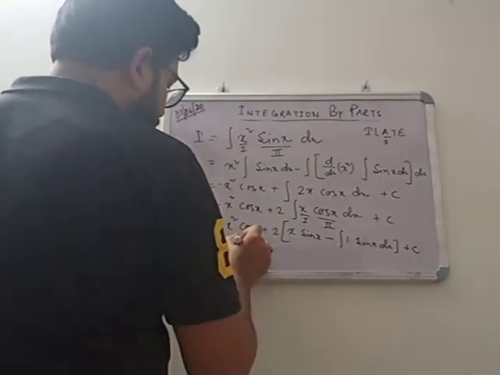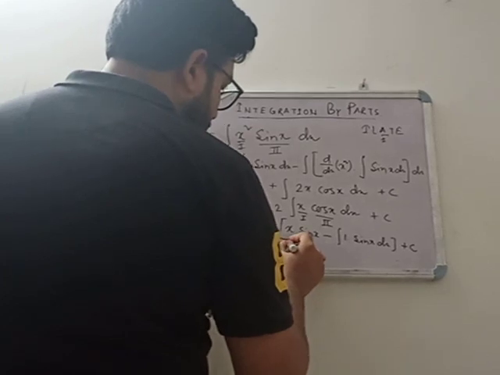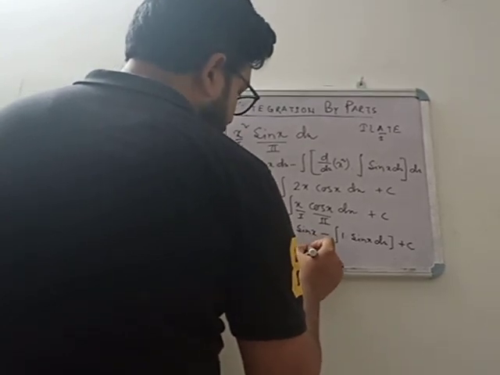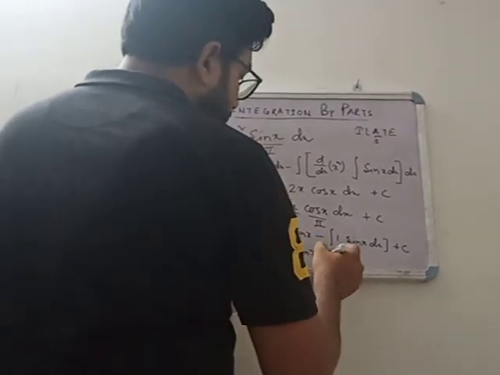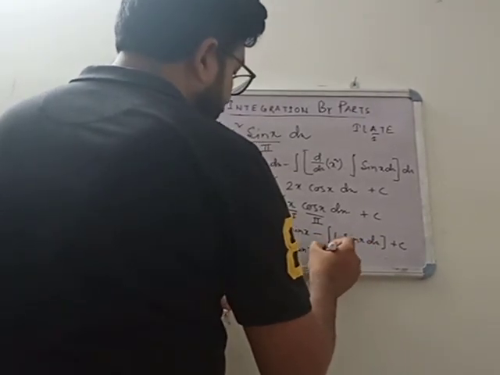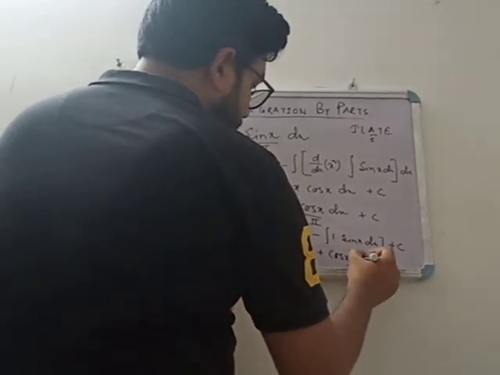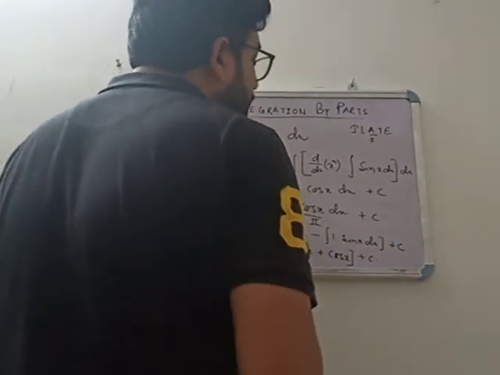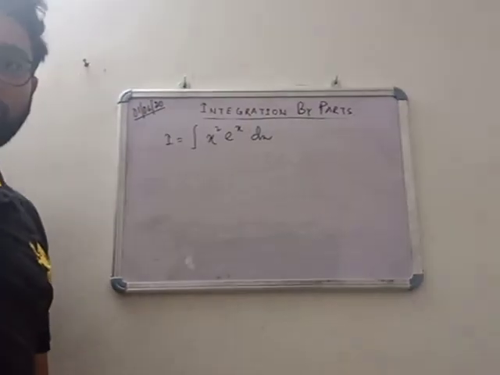So minus x² cos x plus 2x sin x minus, integration of sin x is minus cos x, so plus cos x plus c, where c equals integration constant. Pause the video, write it down.